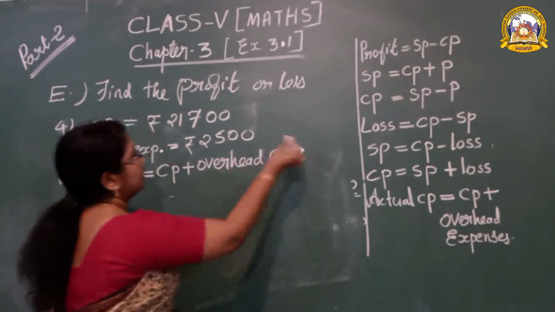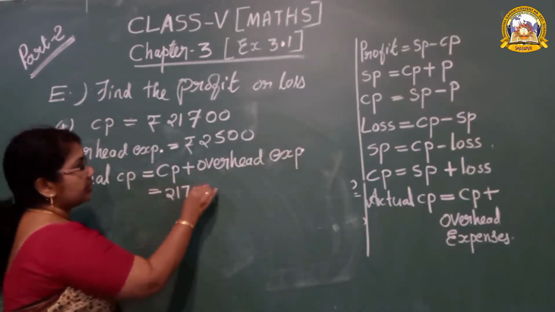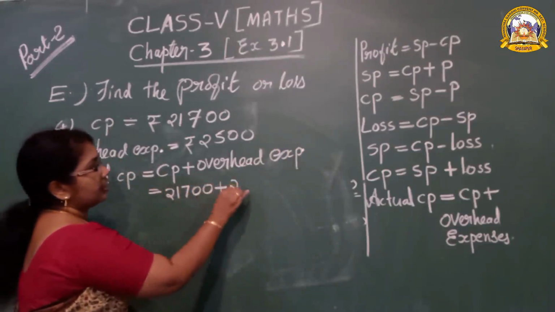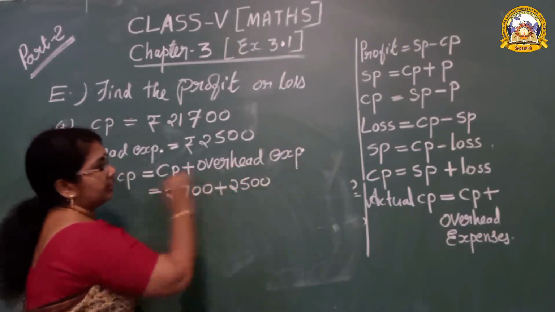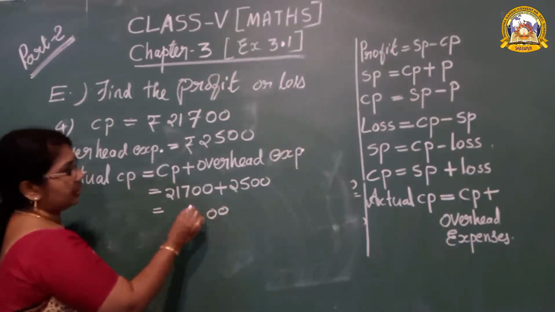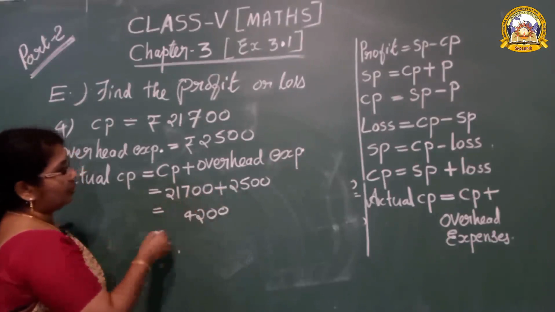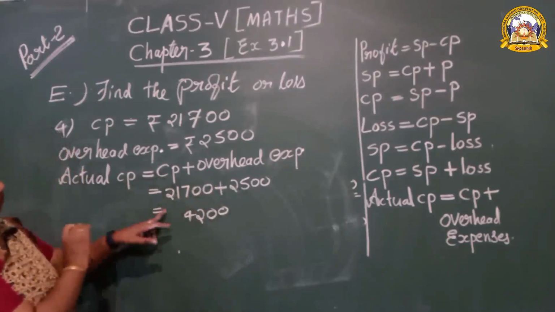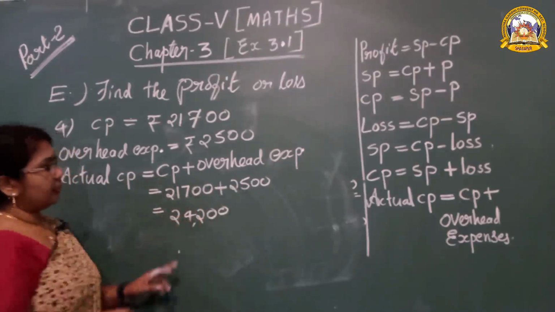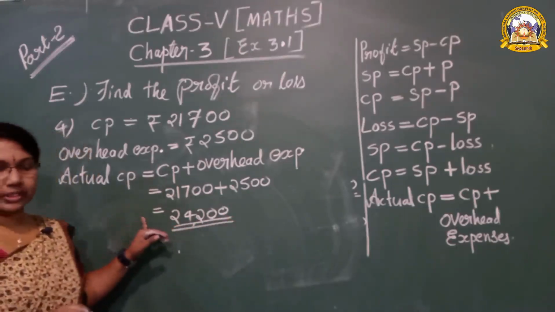Overhead expenses is equal to 21,700 plus 2,500. We should add both. 24,200 is the actual CP.